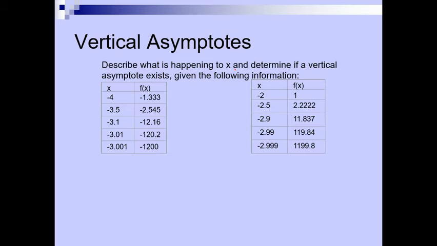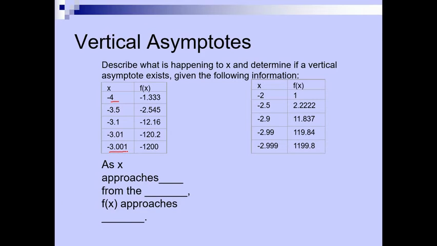Now describe what's happening to x and determine if the vertical asymptote exists, given the following information. Notice we're going from -4 and approaching -3. We're approaching -3 from the left, and these values are getting smaller and smaller.